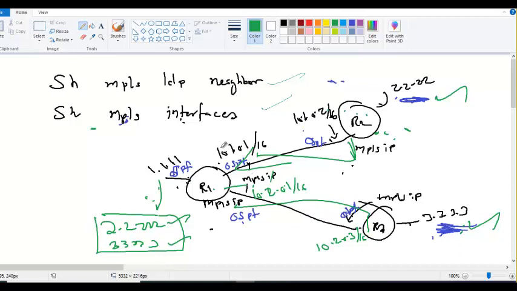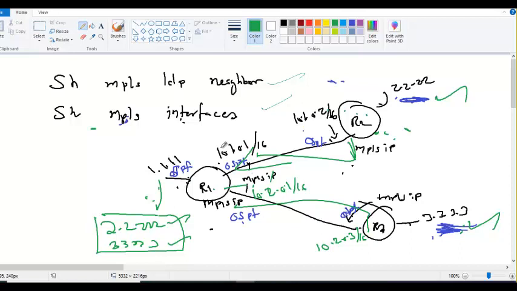See, configuring MPLS is simple. One command, MPLS IP. But troubleshooting really takes a lot of time. If we don't know that CEF is involved, OSPF is involved, and OSPF needs to run even on the loopback interface, because the router ID is important for MPLS, because MPLS is not a routing protocol.